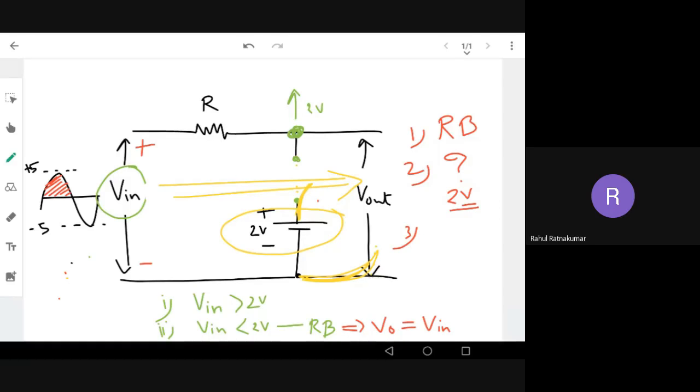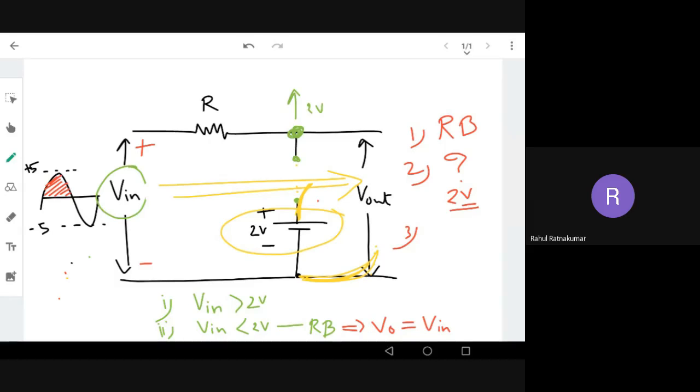This happens when the input voltage is less than 2 volt, which puts the diode in the cutoff or off position. With infinite resistance, all the input goes to the output, and the battery V bias has no effect because it is not connected at all. Two disconnections, so it has no effect.